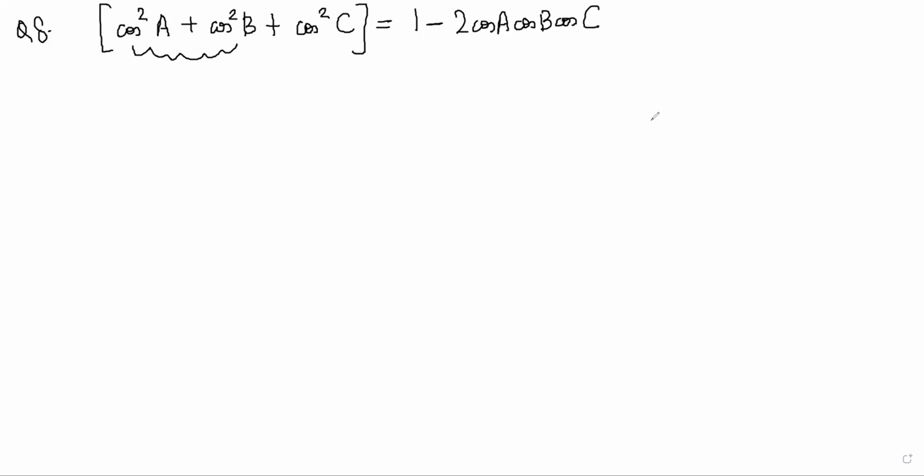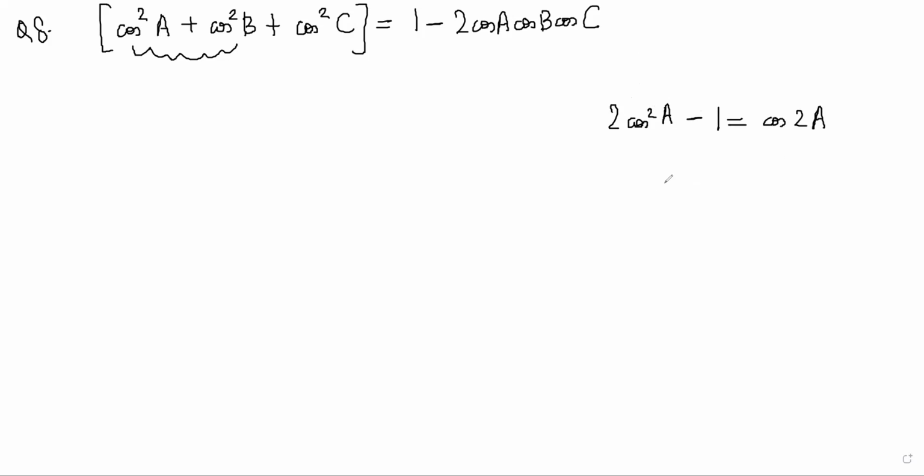So what will I do? I can't take anything common here. So let's convert it into something where I can take something common. Cos square A, the square is the problem. If it was just cos A plus cos B, I would have been fine. So I know this formula: 2 cos square A minus 1 is equal to cos 2A.